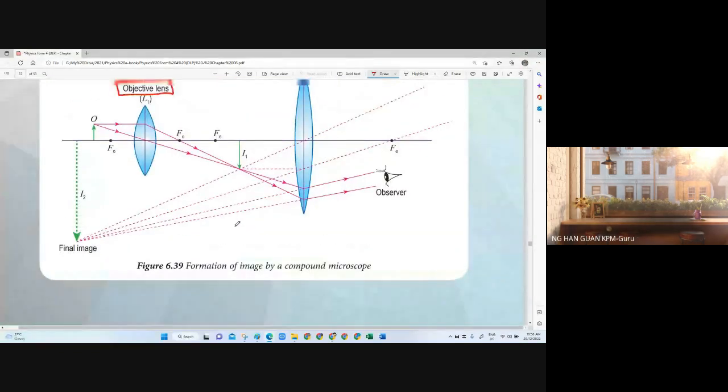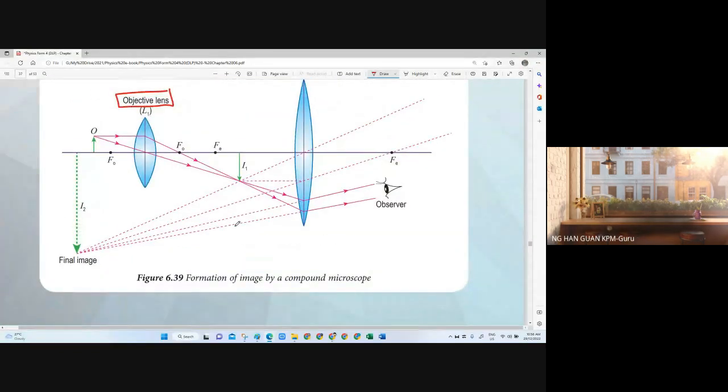So this is how to understand the microscope. In the textbook, it shows an obvious difference between FO and FE. The concept to remember is that FO is shorter for the microscope.